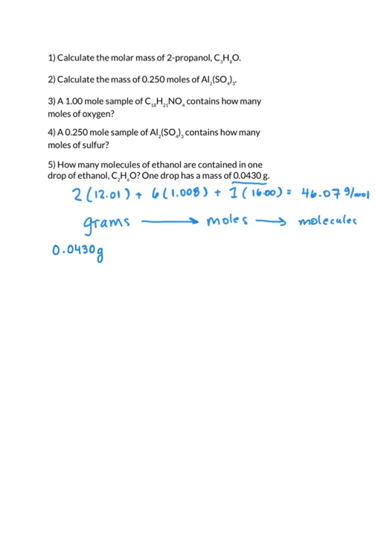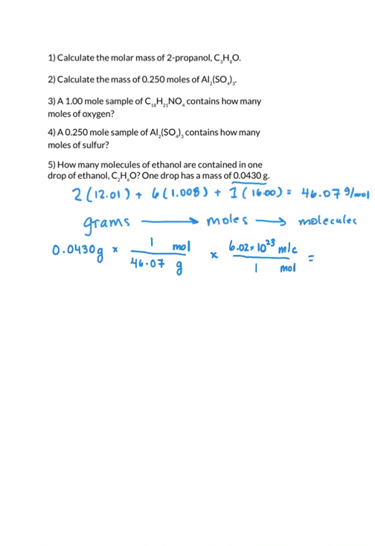0.0430 grams gets converted into moles by canceling out grams and using the molar mass that says every 1 mole worth of this substance has a mass of 46.07 grams. We convert what is now moles into molecules by recognizing that every 1 mole contains 6.02 times 10 to the 23rd amount of stuff.